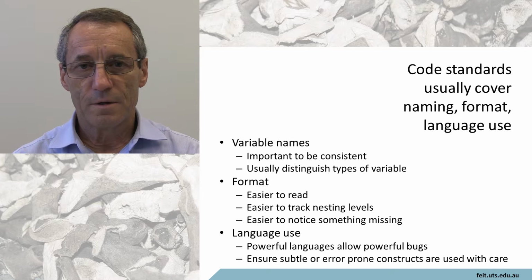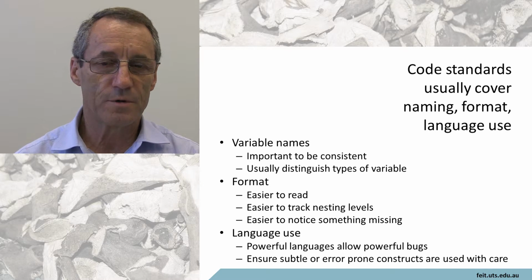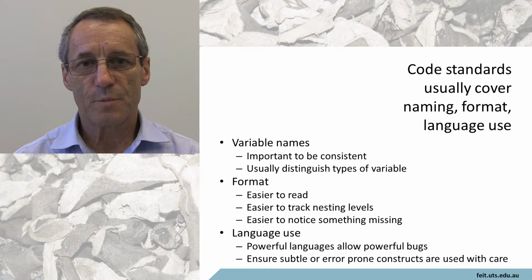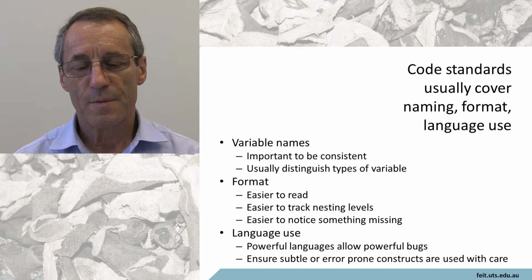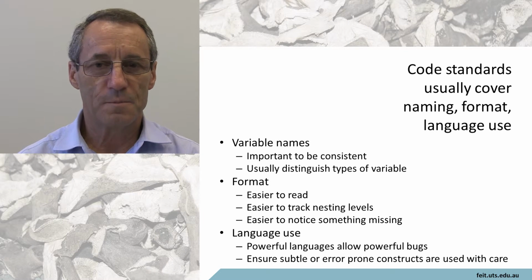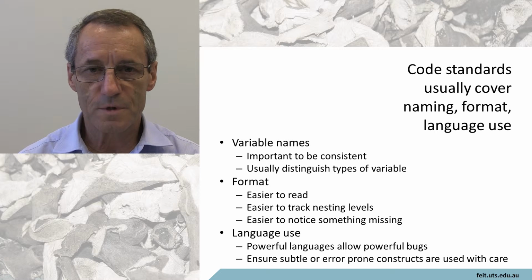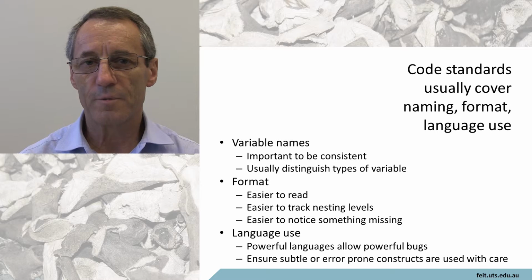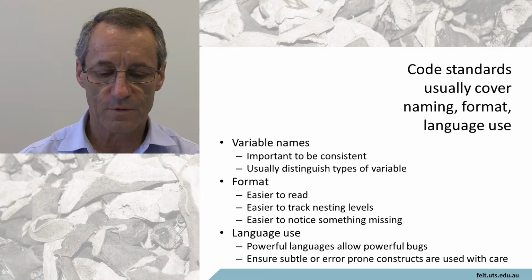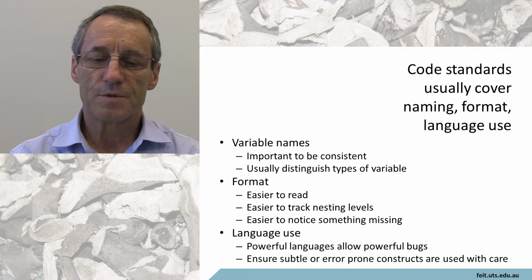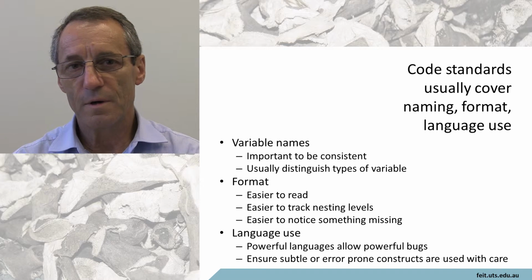The other convention is which elements of the language are you going to use. Now this is because powerful languages have powerful constructs. That power comes with the ability to make really big mistakes. And there are some constructs in a language that enable you to get into trouble. The one that caused most problems within C was alloc and free.